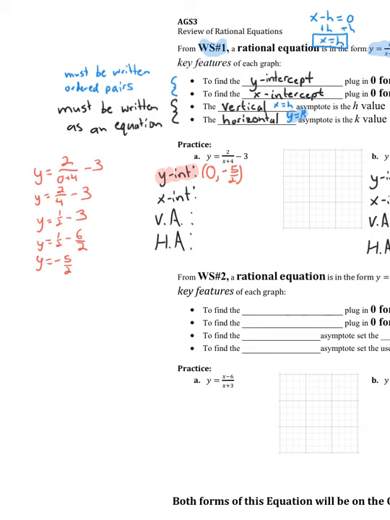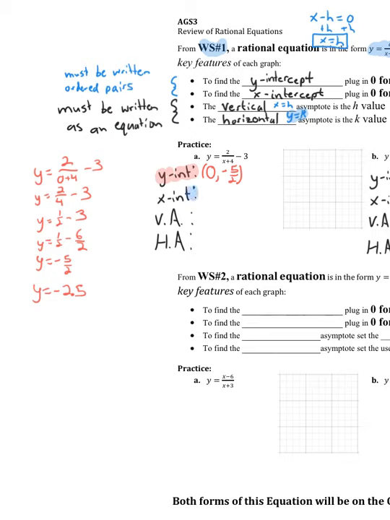I want you to be able to write these as fractions, but it might help you when you're graphing to also write this as a decimal, like, oh, that's -2.5. Okay, so just put that in your calculator and say, I got a -2.5 there, so I know where that value falls as well.